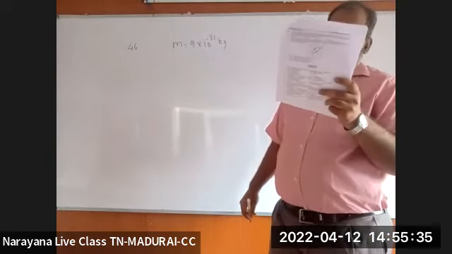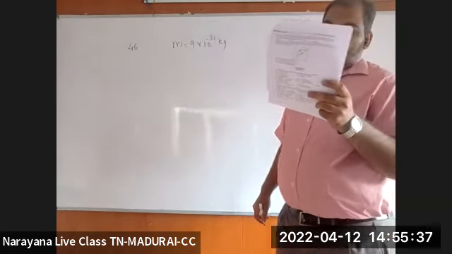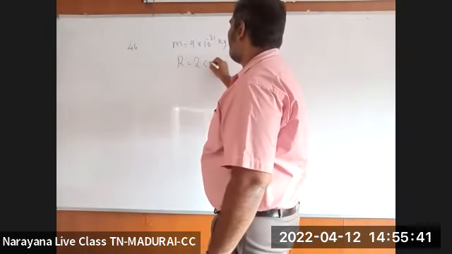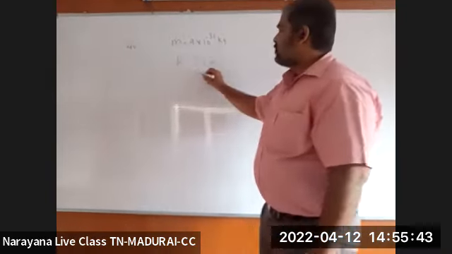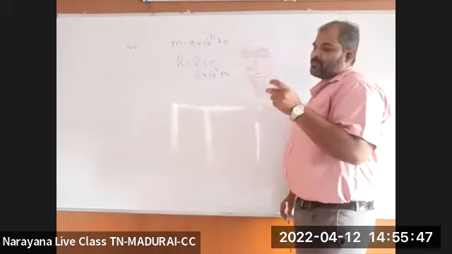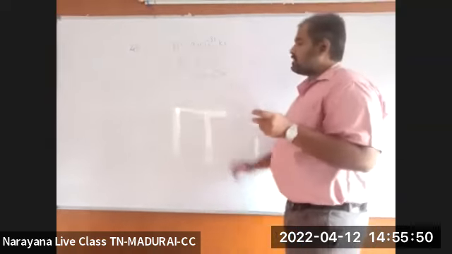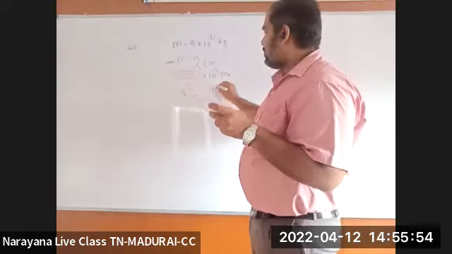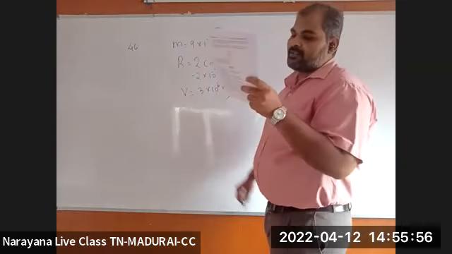Under the action of a magnetic field, it moves in a circle of radius 2 centimeter, means 2 into 10 power minus 2 meter, with a speed of 3 into 10 power 6 meters per second.